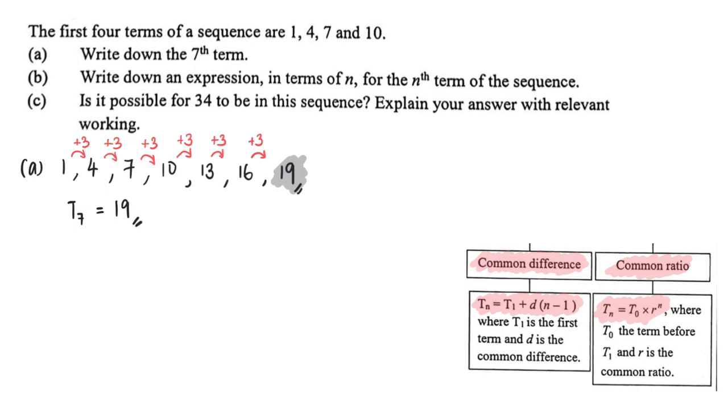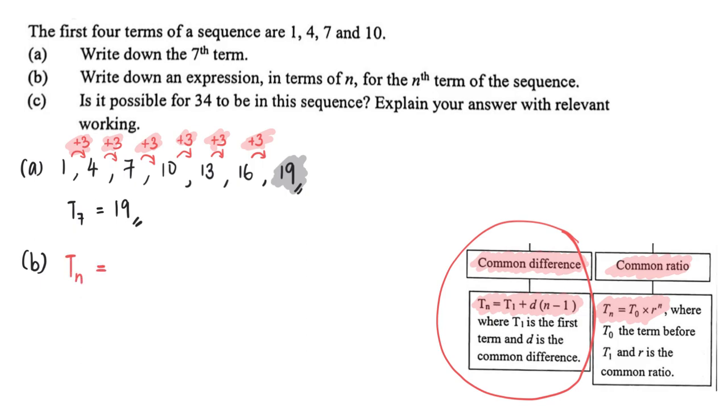Part B. Write down an expression for the nth term, and notice we always add the same number to the previous term. And so for this particular question, we are actually looking at a common difference number pattern, and I'm going to share with you how I am going to apply this particular formula now.